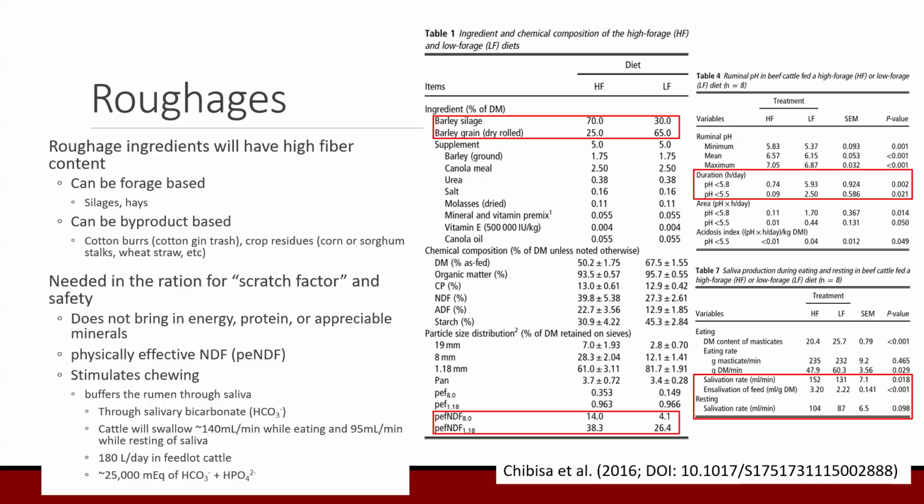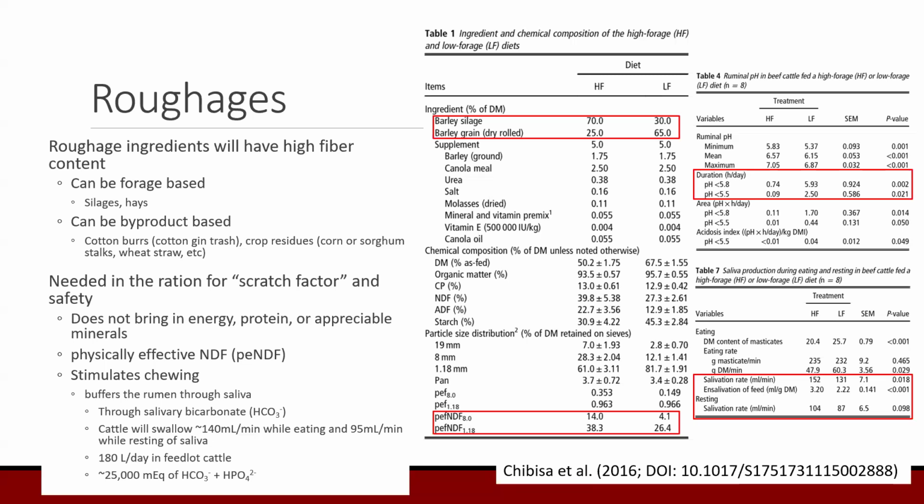So the amount of hours per day where ruminal pH was below 5.8, huge increase. So the high forage diet only spent 3/4 of an hour a day below 5.8. The low forage diet was about 6 hours a day below a ruminal pH of 5.8. Okay. Same story with time spent below 5.5.